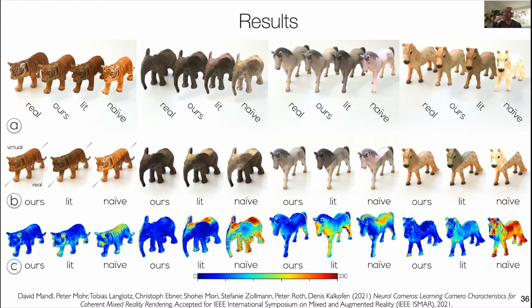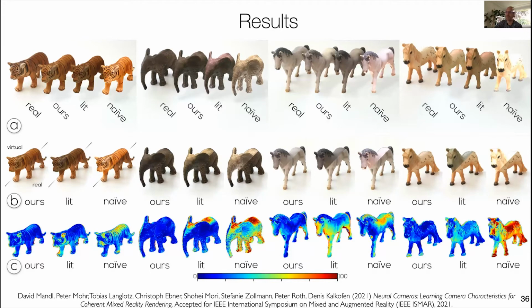Then we see a virtual model with our visual coherence applied, then without visual coherence applied but just correctly lit, and a very naive placement, which is without shadows and without lighting and without visual coherence. And then at the bottom, what you see is actually an error. So basically, the more red it is, the larger the error is.